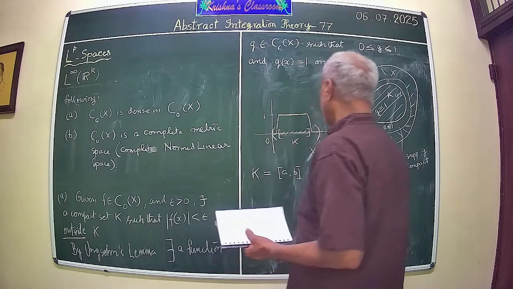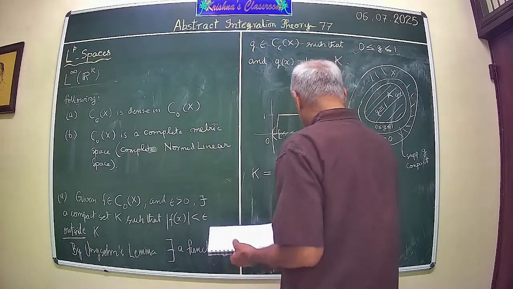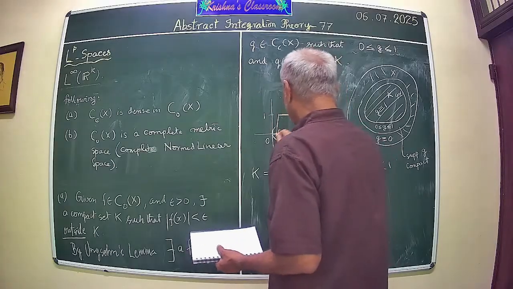So on K the function is taken as 1 and there is some K1.